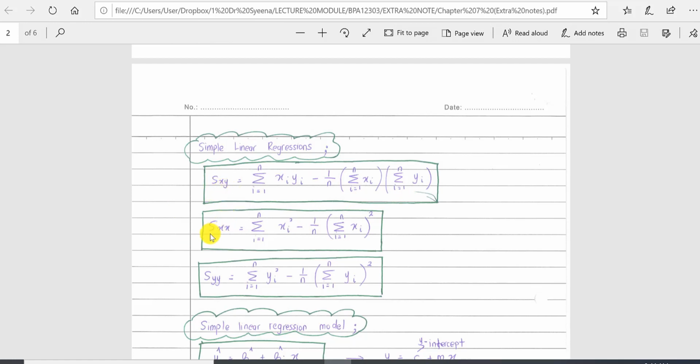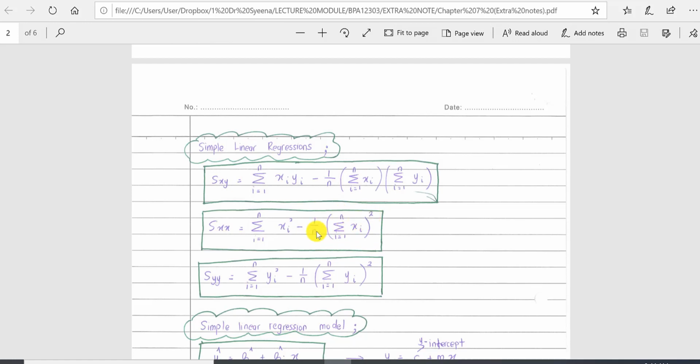Now, how to get the value of Sxx? Okay, the summation of x squared. That means you must get the summation of the x squared minus 1 over n, where n is the number of data, and also the summation of x.